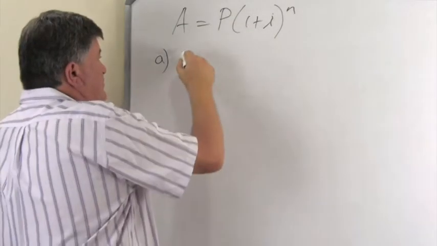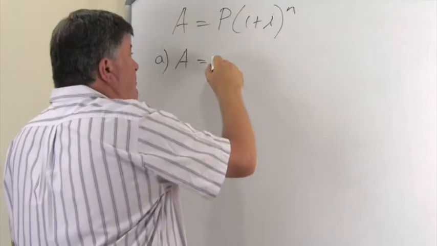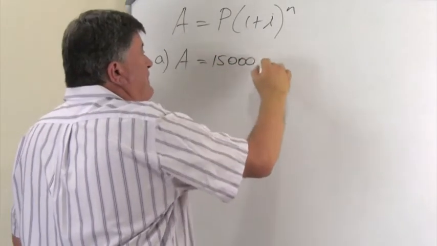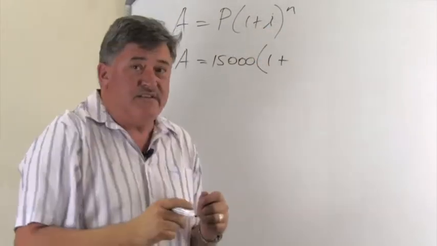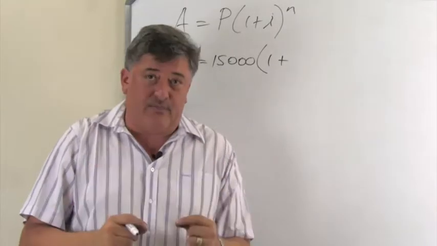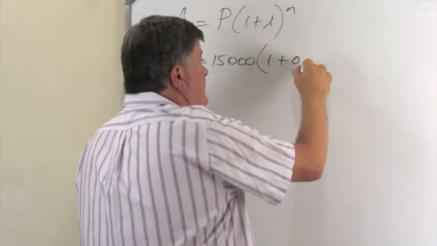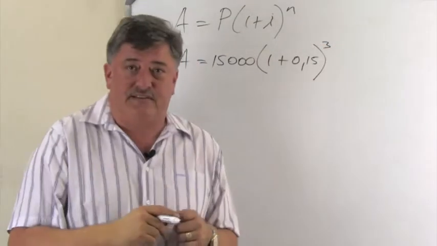Now, when we do it annually once a year, we don't need to do any adjustments. We can just substitute. So we want to work out the future value, which is the A. Our present value, that is the money that we will invest, is 15,000 Rand. 1 plus the interest rate is given to us at 15%. We divide it by 100, so that is 0.15. We're going to invest it for 3 years.